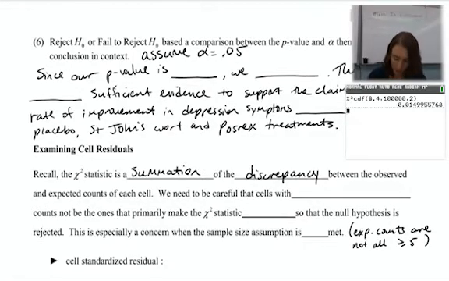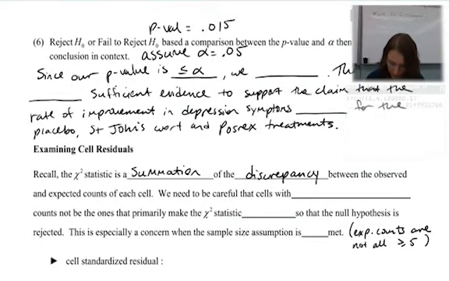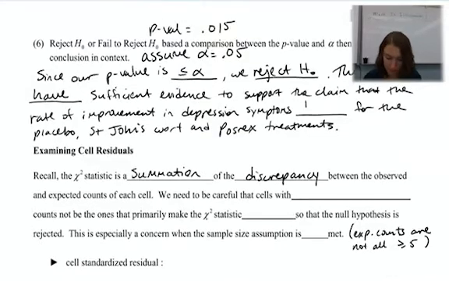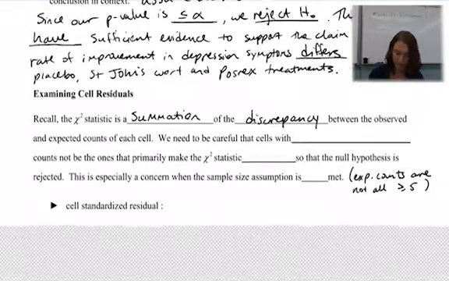Our p-value was 0.015, so our p-value is less than or equal to alpha, definitely less than 0.05, so we reject H naught. Remember, H naught is that the things are the same. If I'm rejecting that, then we have sufficient evidence to support the claim that the rate of improvement in depression symptoms differs for the placebo, St. John's wort, and Paxil treatments.